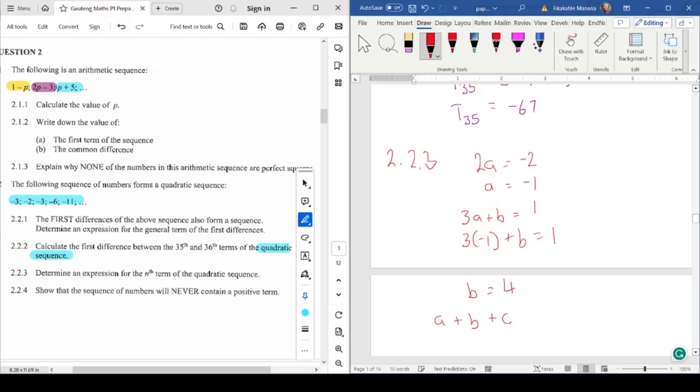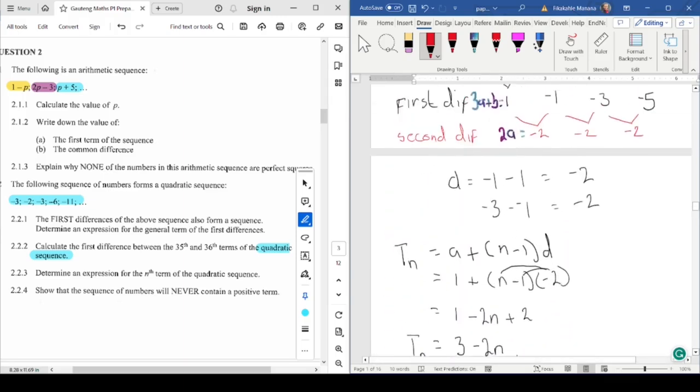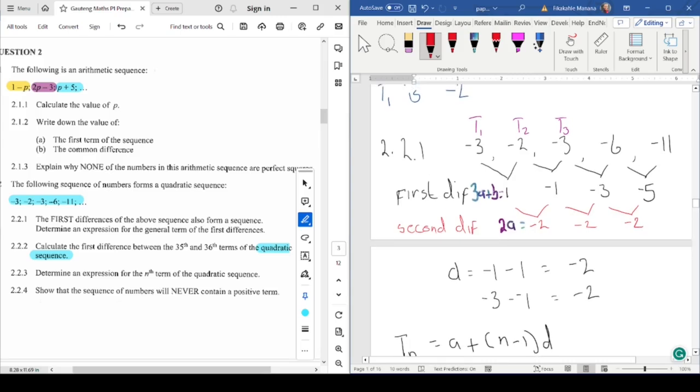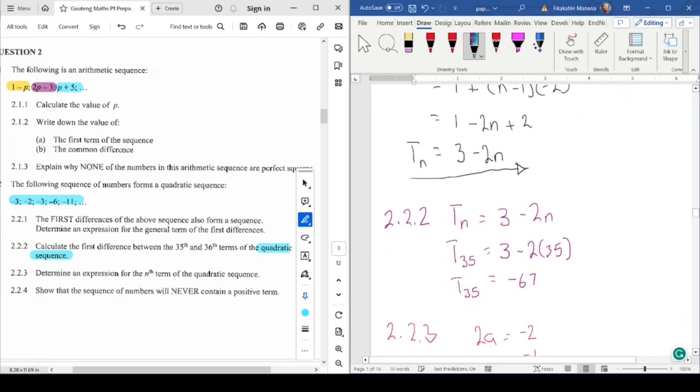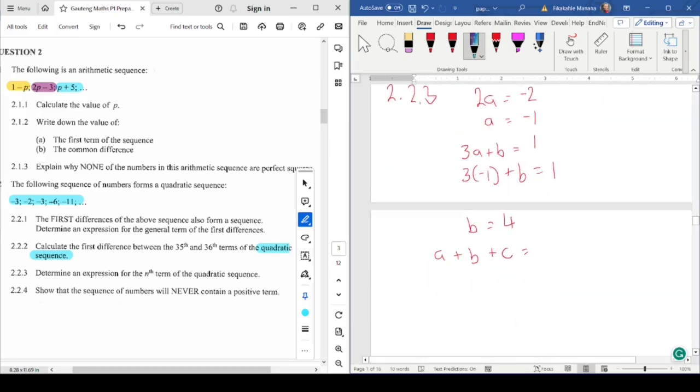Then the last one is just a plus b plus c, and that's going to be equal to that first number. Okay, just to complete this, so now a plus b plus c is equal to minus 3. So in place of a, we've already solved it. It's minus 1. b is 4.